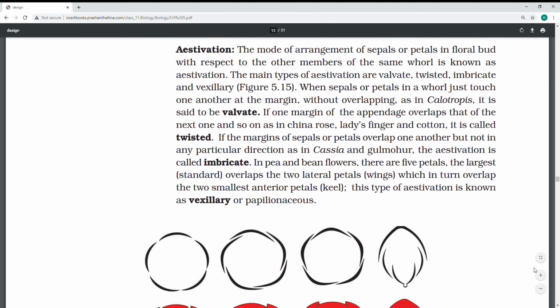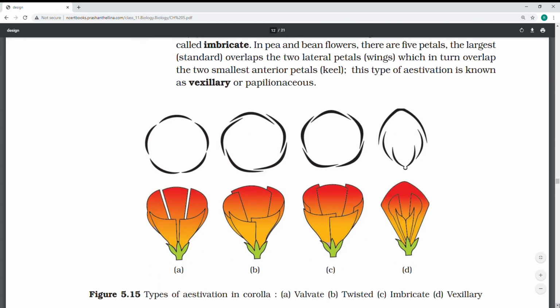See this aestivation part. If you see the mode of arrangement of sepals, how brightly they have shown, some are one by one, some are, see the corolla, some are like how you twist a paper. So based on the arrangement of these, you see the diagram carefully. The first one they have given is valvate aestivation. So what is that valvate aestivation?